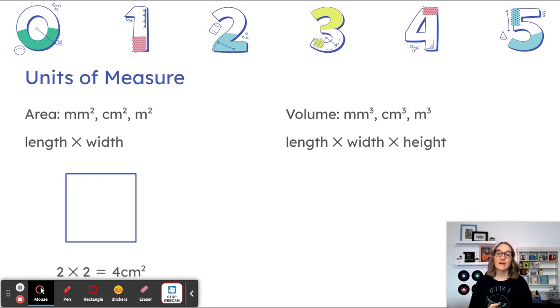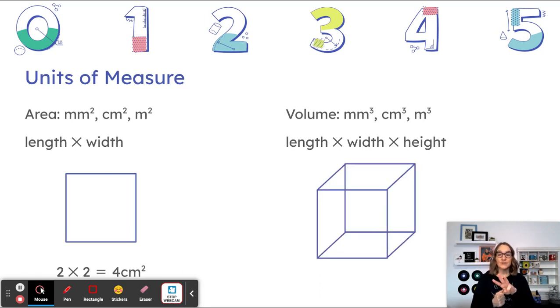And we find that our area is 4 square centimeters or 4 centimeters squared. If we take it to the third dimension, we have a cube with length, width, and height all measuring 2 centimeters. To calculate the volume, we multiply 2 times 2 times 2, which gives us 8 cubic centimeters.